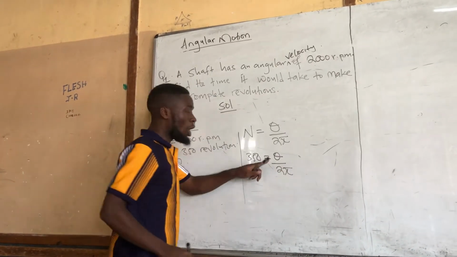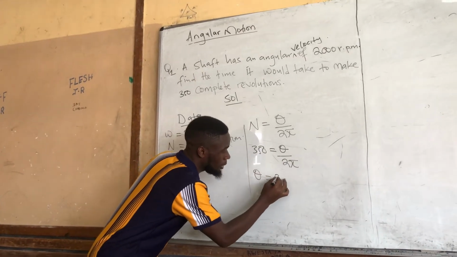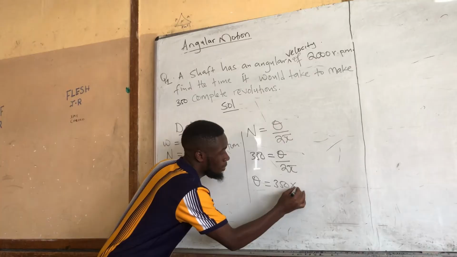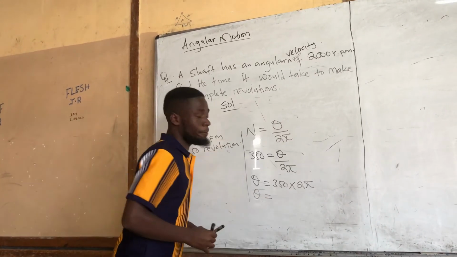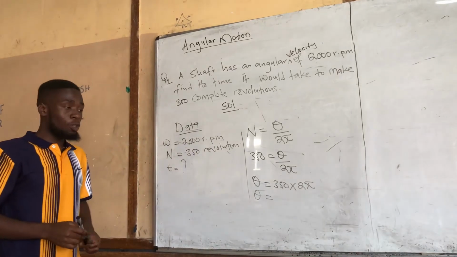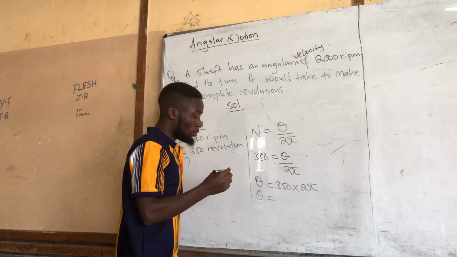So the angle turned through equals 350 multiplied by 2 pi. What is 350 multiplied by 2 pi? It's 2199.11.